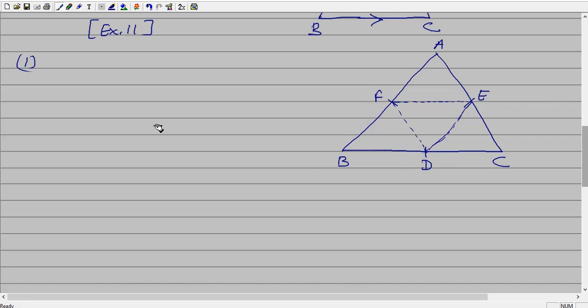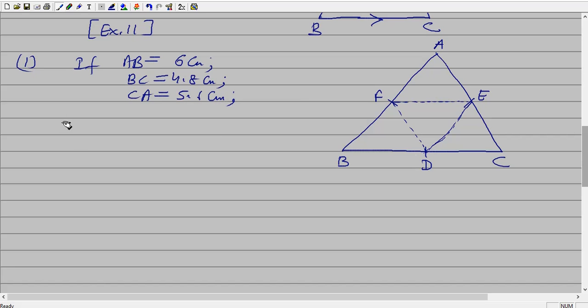Okay, now what is the given condition? I repeat again, in the first figure given below, D, E and F are midpoints of the sides BC, CA and AB respectively of triangle ABC, and the given condition is AB is 6 centimeter, BC is 4.8 centimeter and CA is 5.6 centimeter.